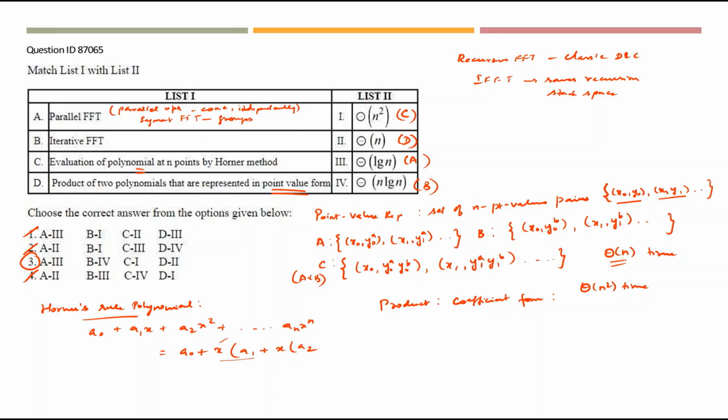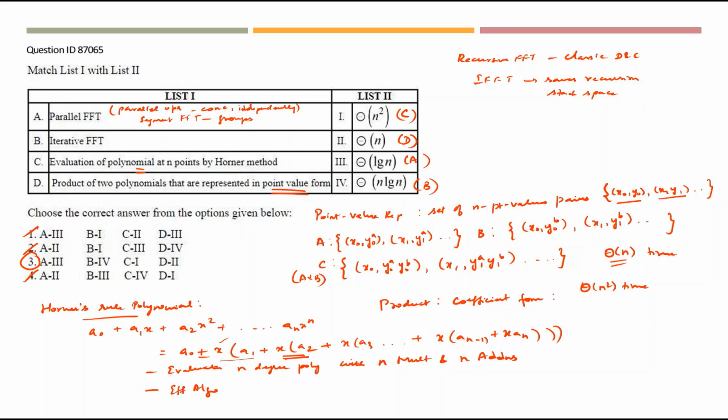When you multiply x with these two, you will get a2 x square, plus x into a3, and it goes on till x into a(n minus 1) plus x into an. This evaluates an n degree polynomial with n multiplications and n additions. So additions are this and multiplications are this part. It's an efficient algorithm to compute the value of a polynomial. With this we are completing Unit 7 questions.